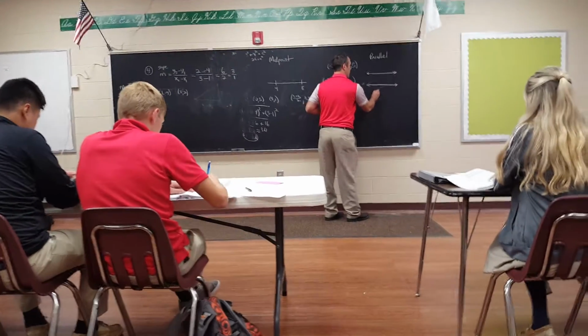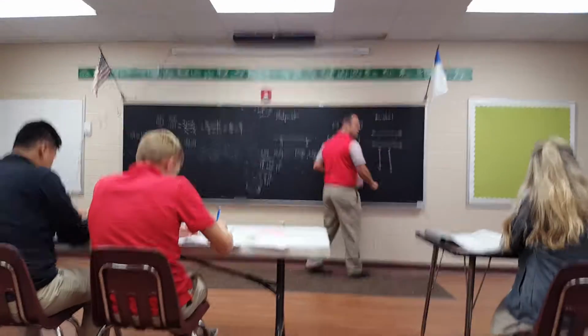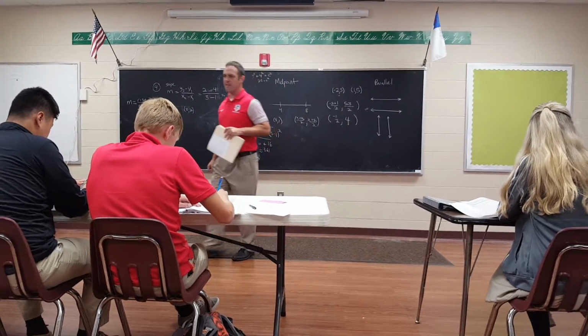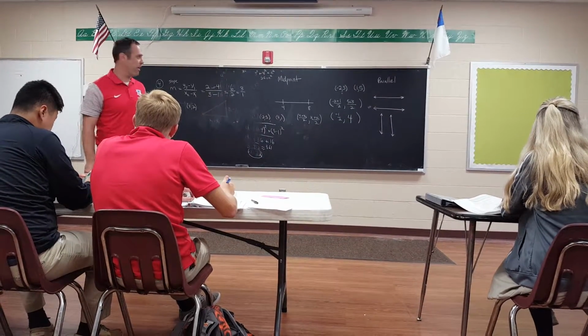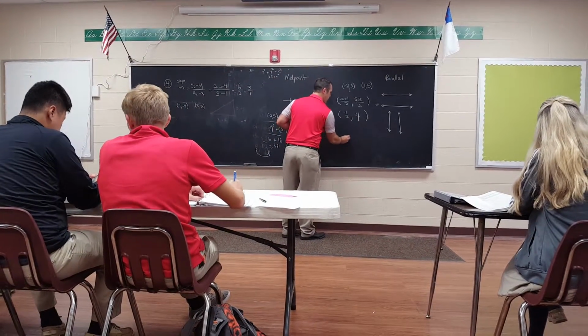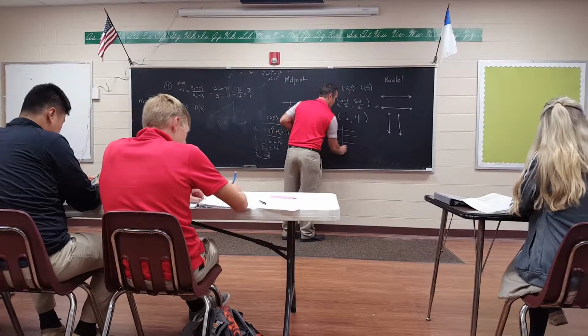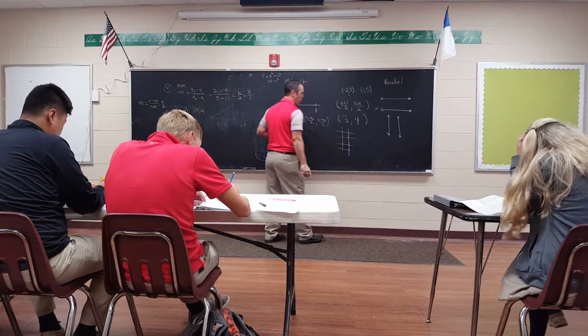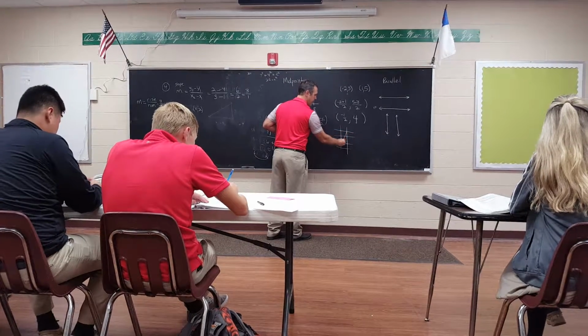Okay, those are 2. And then what about if 2 lines have the same slope? If they had the same slope, would they be parallel? Yes. For instance, if a line had a slope of 3 over 1, that means we go up 1, 2, 3 over 1, like this.